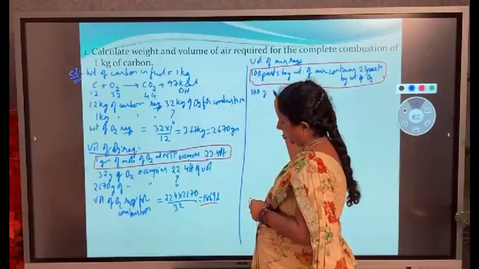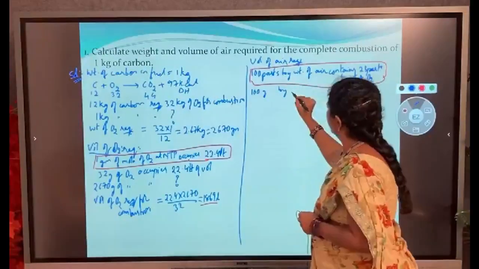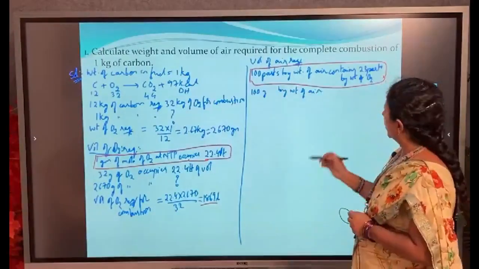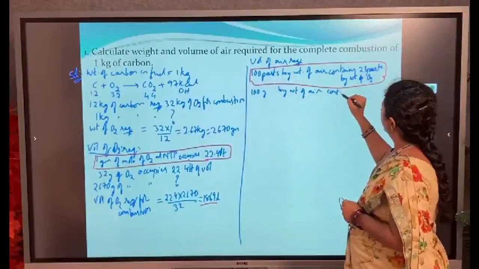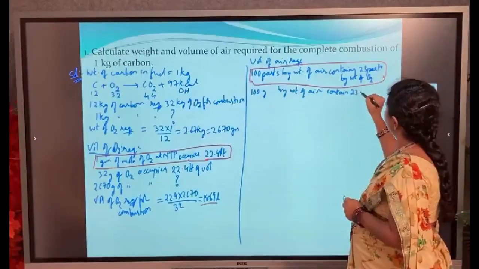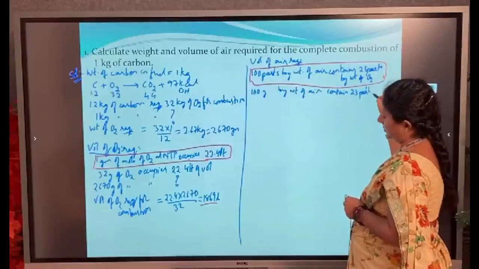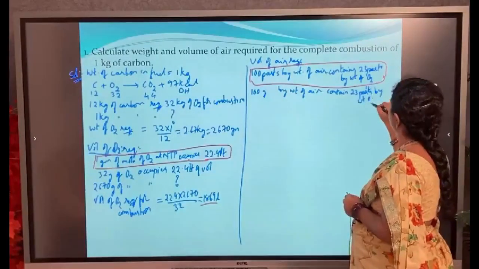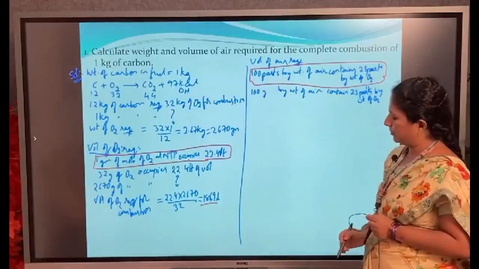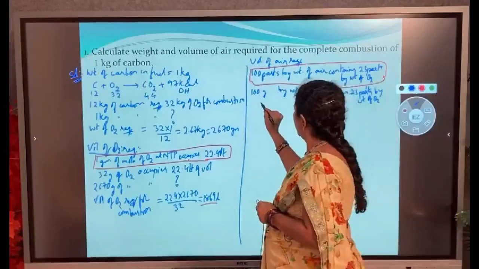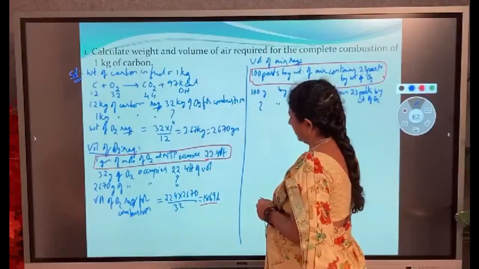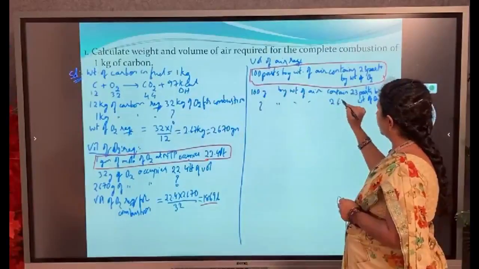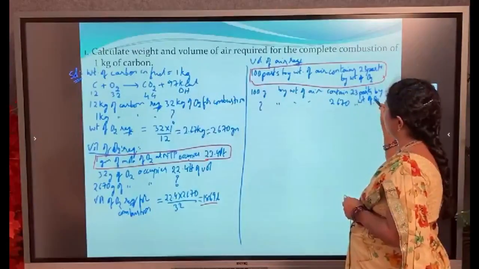That means 100 grams by weight of air contains 23 parts by weight of oxygen. Now, how many grams by weight of air contains 2670 parts of oxygen?